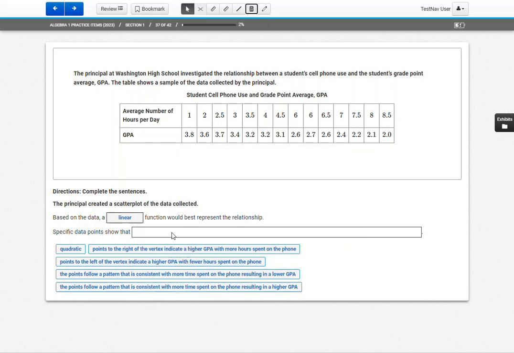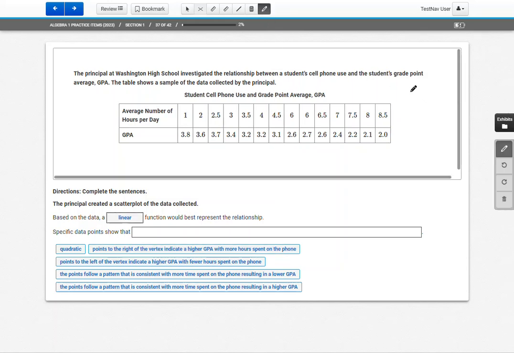Alright, and then it says that specific data points show that, well, points to the right of the vertex. So this, when it says vertex, that's only for when you have a quadratic. So you remember a quadratic looks like this. So a vertex would be like down here, right? But it doesn't have that. So it cannot be a vertex.